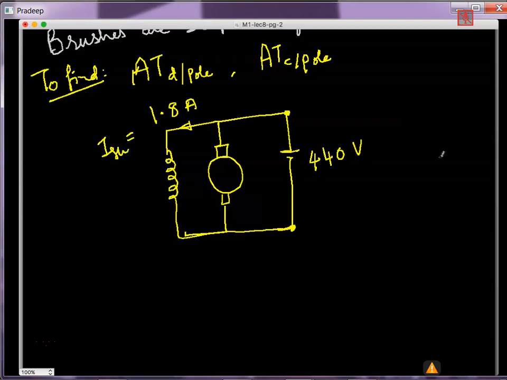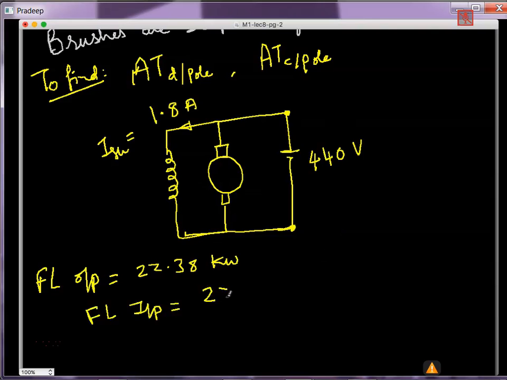And what else is given? Under full load, the output is 22.38 kilowatt. So if the output is 22.38 kilowatt, what is the full load input?